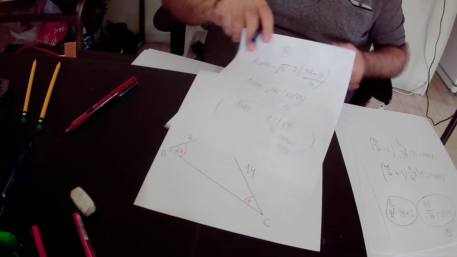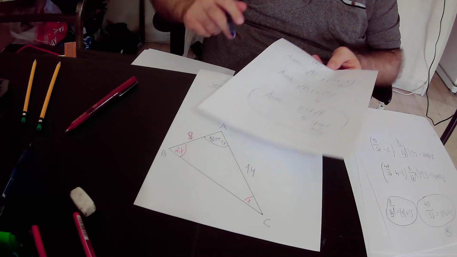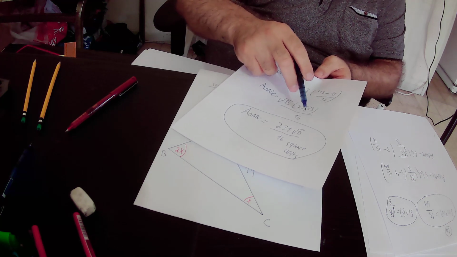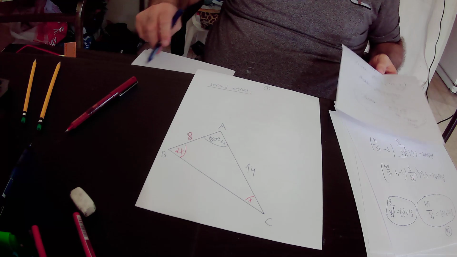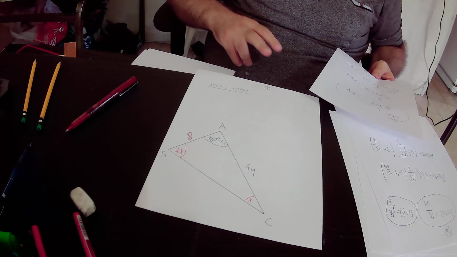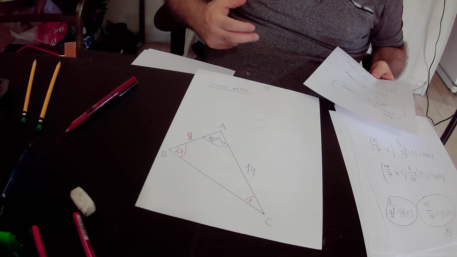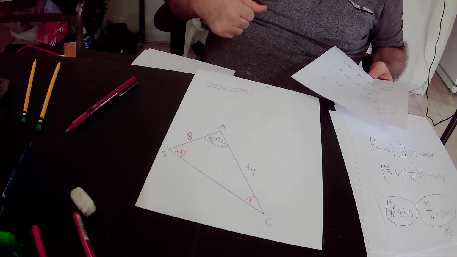Again, the area of this triangle ABC equals 231 times root 15 over 16 square units. Okay, and it is actually the same result that we found in the first method.